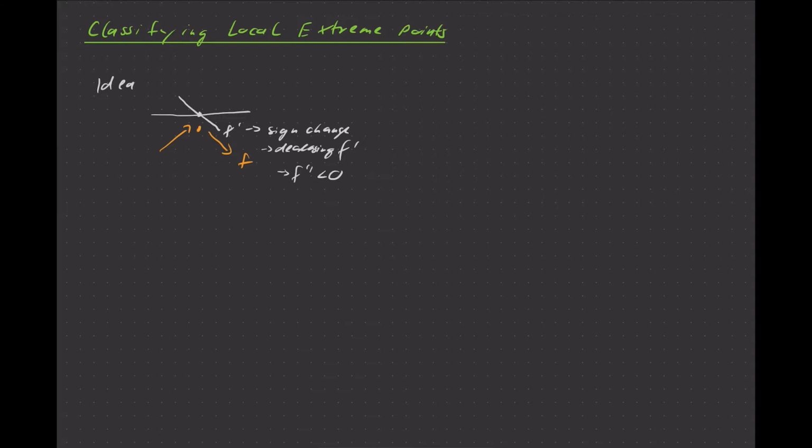And of course the same is true for the situation where f has a local minimum. Now in this case f will first be decreasing and then increasing. And what that means for f prime is it's first negative and then it's going to be positive. So that's f prime. Again, there's a sign change.